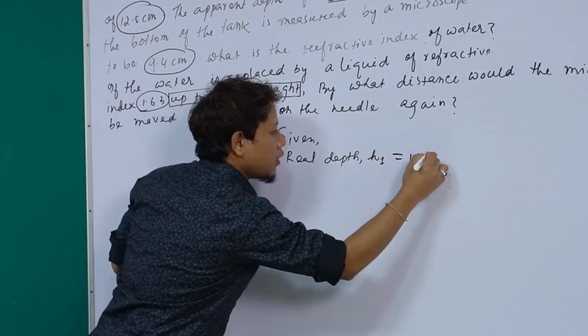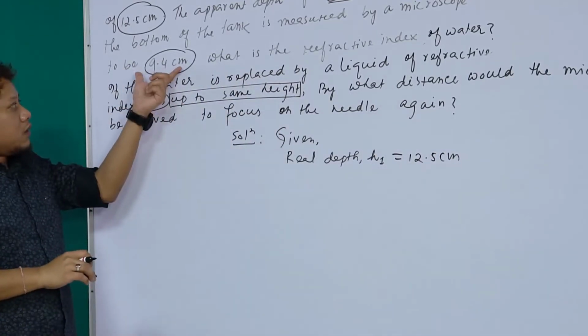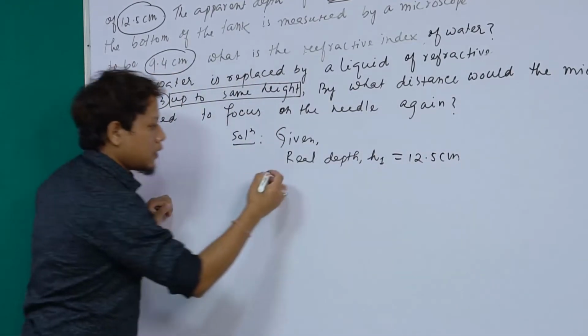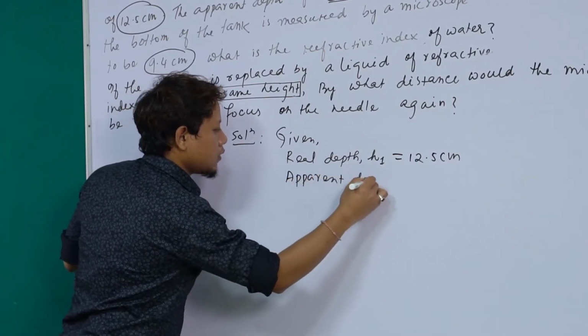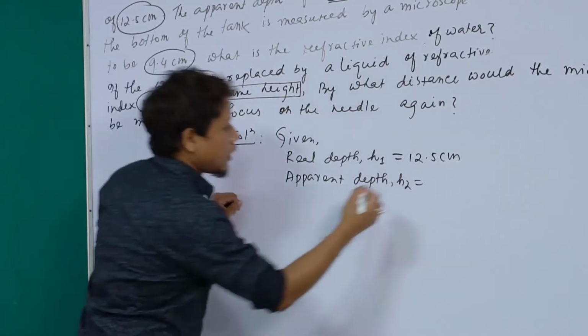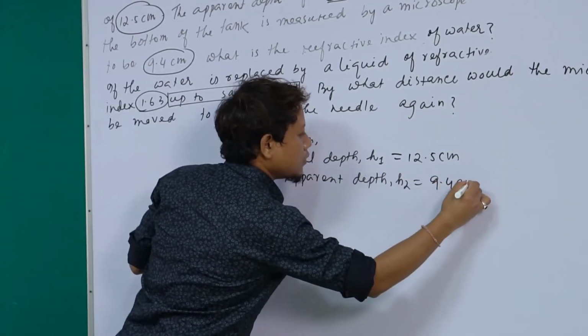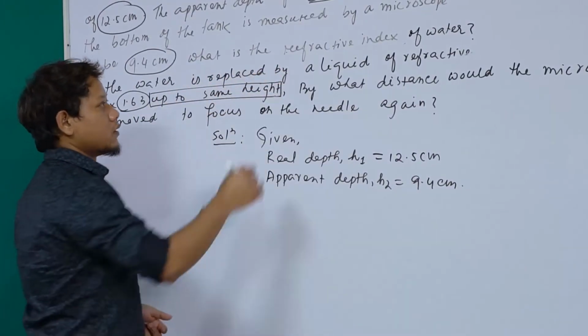Apparent depth is also given, say this is H2, which is 9.4 centimeter. Then what we have to calculate is the refractive index of the water.